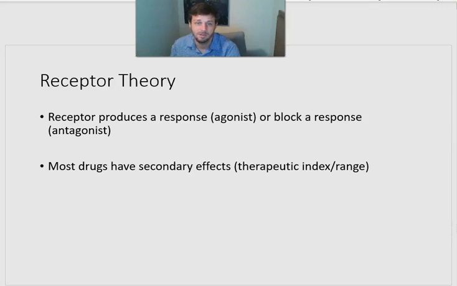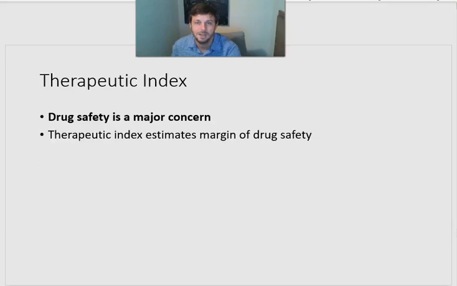Again, we talked about how most drugs have these secondary effects, these side effects, which gives us these terms called therapeutic index and therapeutic range. When we're talking about therapeutic index, we're talking about the margin of drug safety. There are some drugs that have a huge margin of safety. This is going to be like a lot of your over-the-counter drugs. You can take a lot of one drug and still be okay.